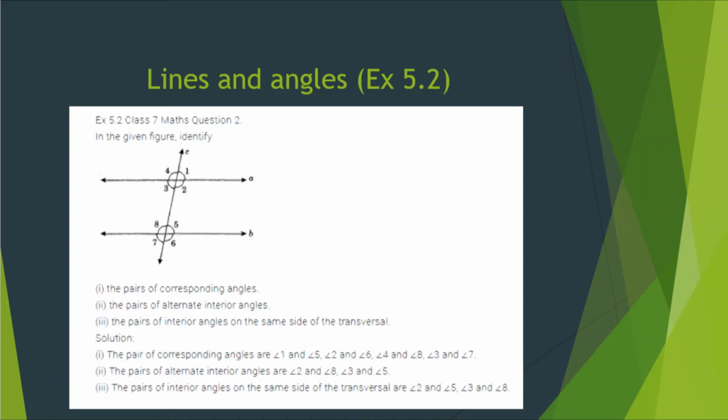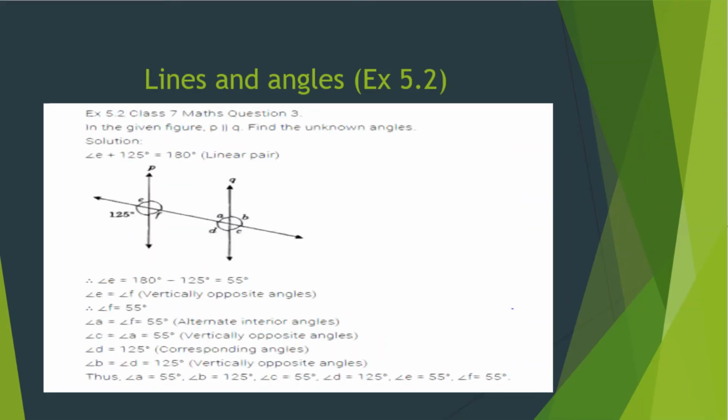The pairs of alternate interior angles are 2 and 8, 3 and 5. You can see in the figure and understand this. The pairs of interior angles on the same side of the transversal are angles 2 and 5, also angles 3 and 8.